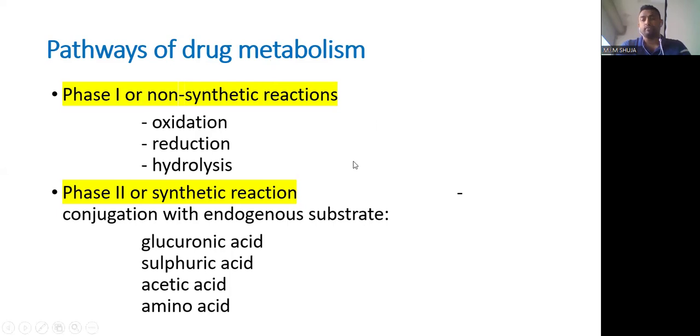And phase 2 is the synthetic reaction, which is conjugation with endogenous substrates like glucuronic acid, sulfuric acid, acetic acid, and a few other things. You conjugate the drug and make it more polar, more water soluble. So it will help in excretion.